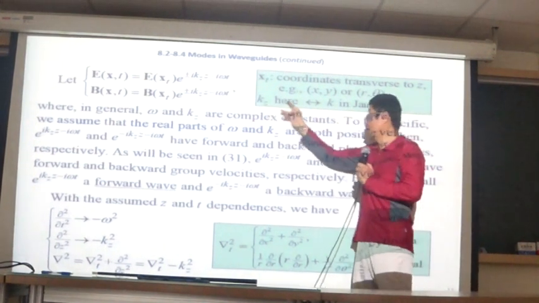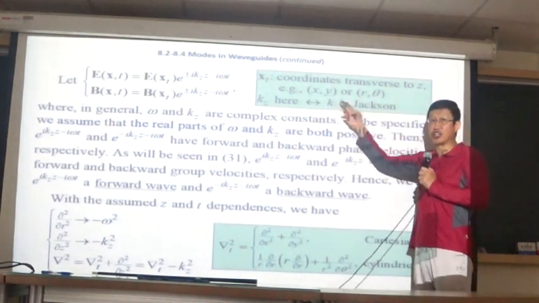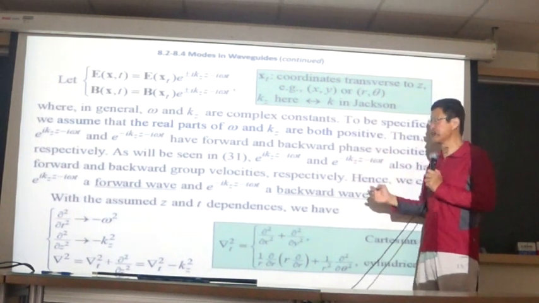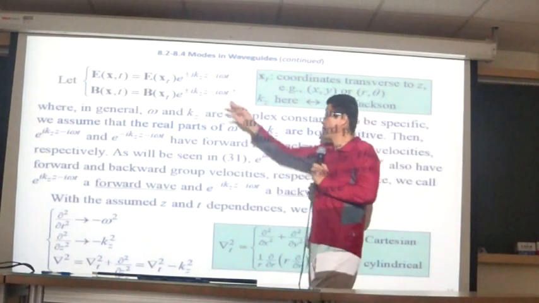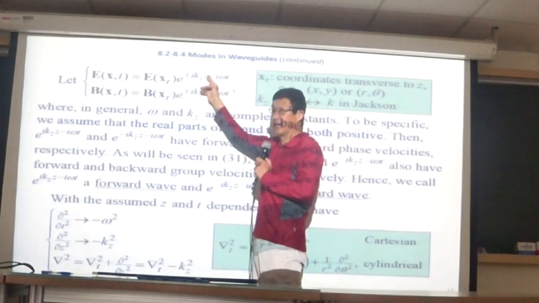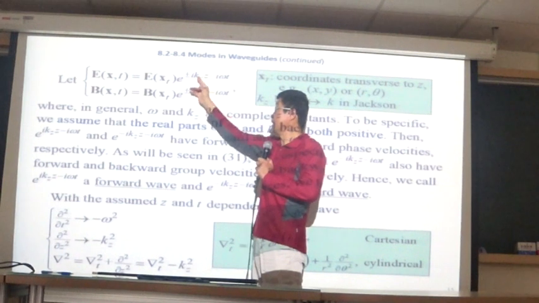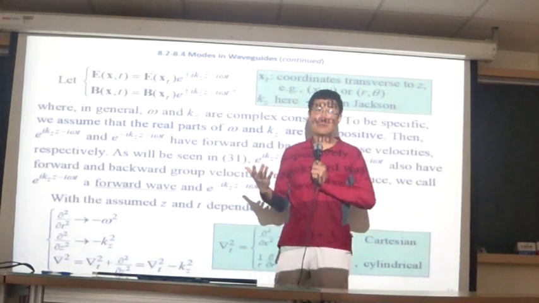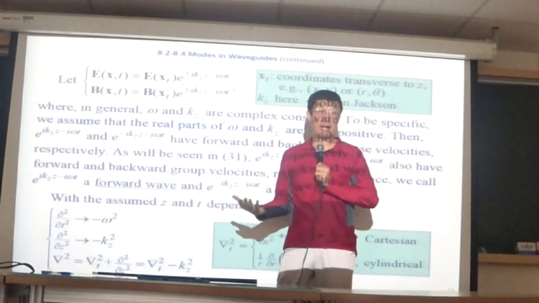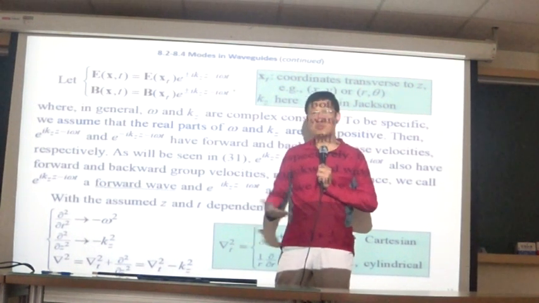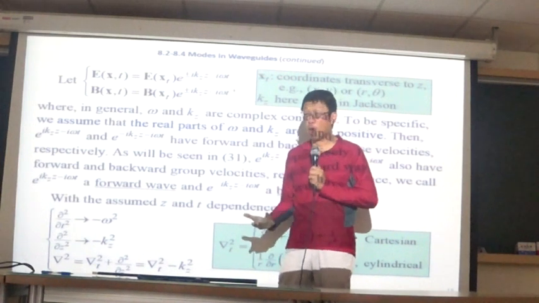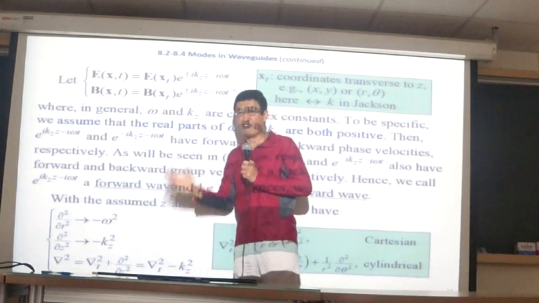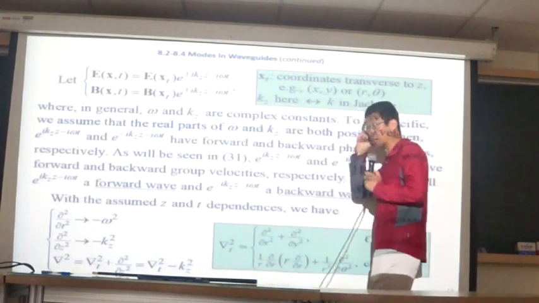And KZ here, in Jackson just use K. But for most of the case, people use KZ. KZ, that means the Z component of K. Because later on we have X component, we have Y component of K. We have KX, we have KY. Therefore, we use KZ here because it's very common and we can easily confuse.